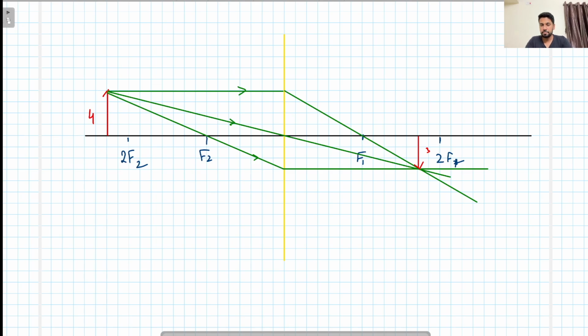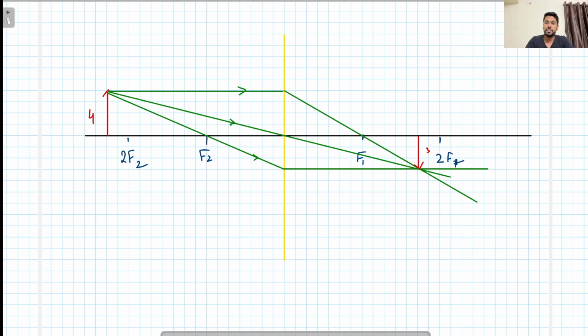Now, knowing the ray formation is not enough. You should know sign convention too, because sign convention is going to help you do more and more problems and make you understand how to use a proper sign to get an appropriate image and appropriate magnification.